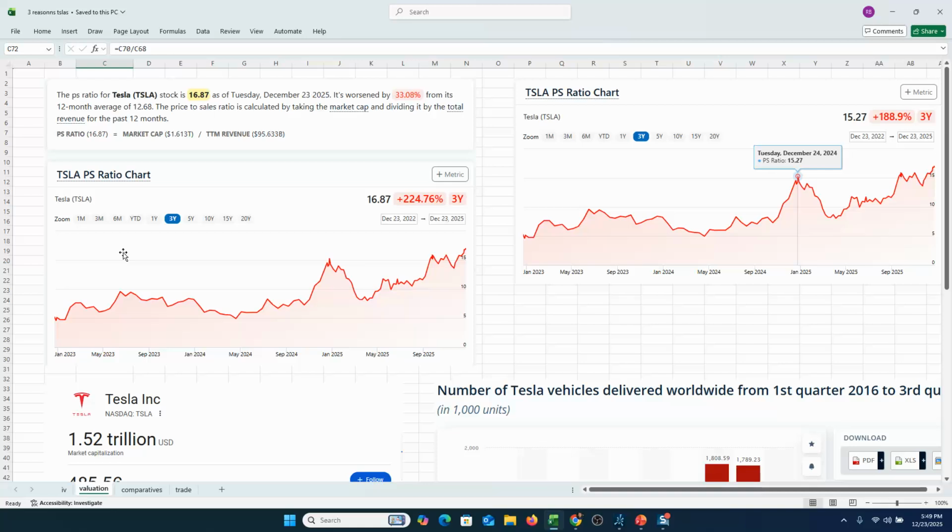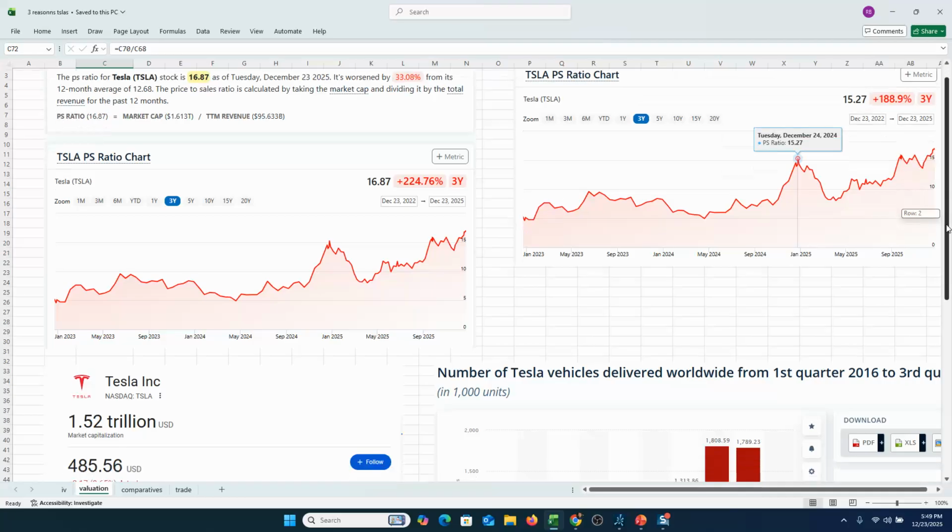The only other time in the past 3 years where it was over 15 times price to sales, and we're higher now, was back December 24th of 2024. We'll take a look in a second at what that date signaled as well. But certainly valuations getting very rich indeed.